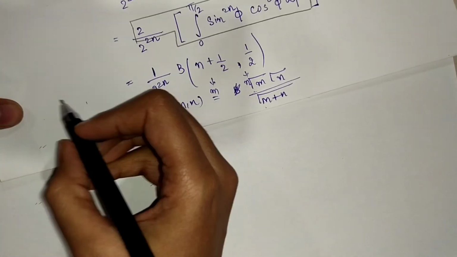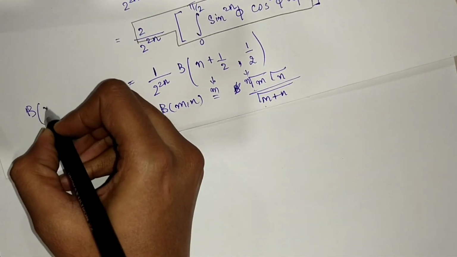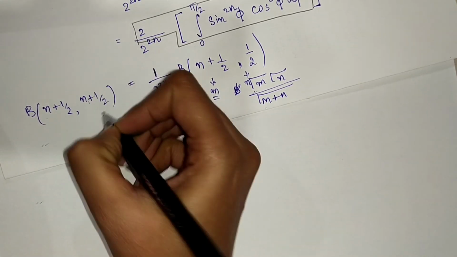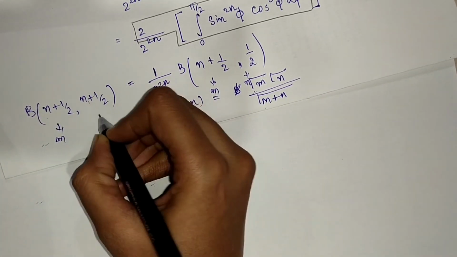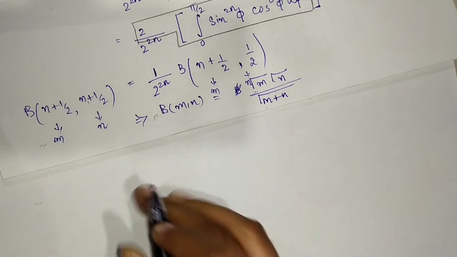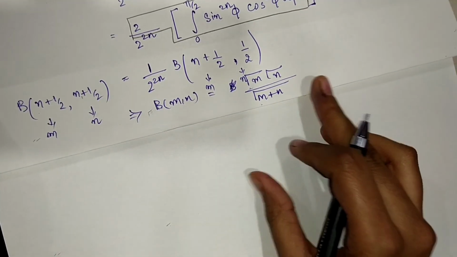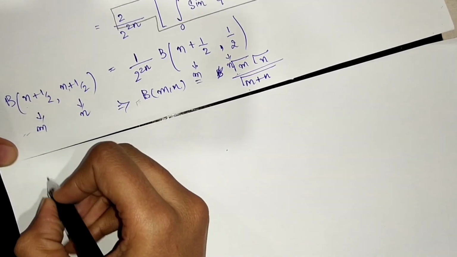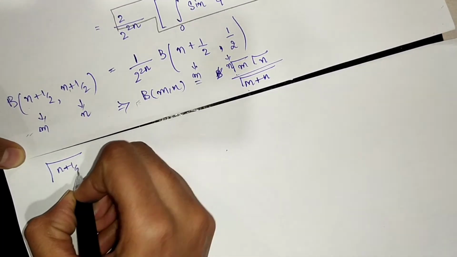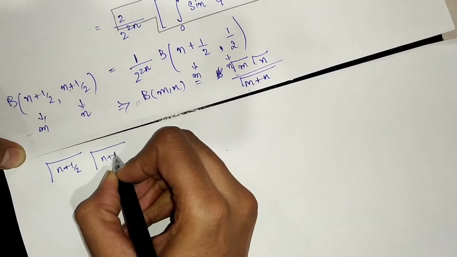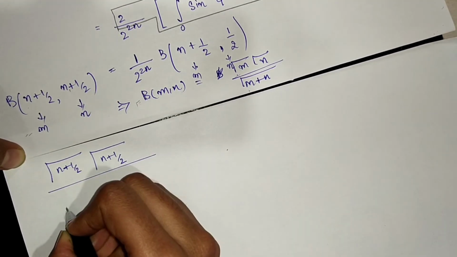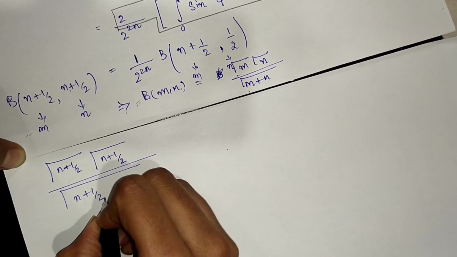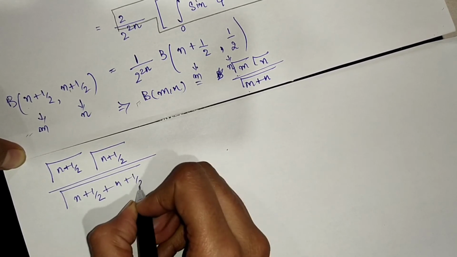Similarly, here also there is the term beta n plus 1 by 2 comma n plus 1 by 2. Here also we will consider this term as m and this term as n. So according to this property, we can write it as gamma n plus 1 by 2 into gamma n plus 1 by 2 divided by gamma m plus n, that is n plus 1 by 2 plus n plus 1 by 2.